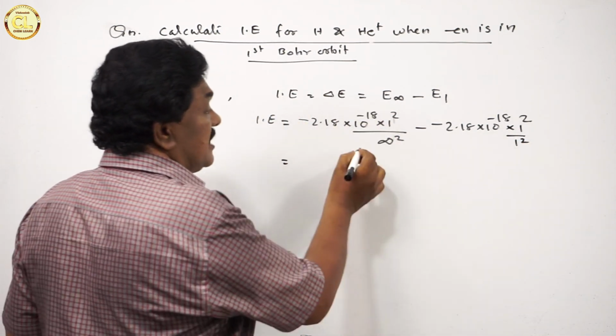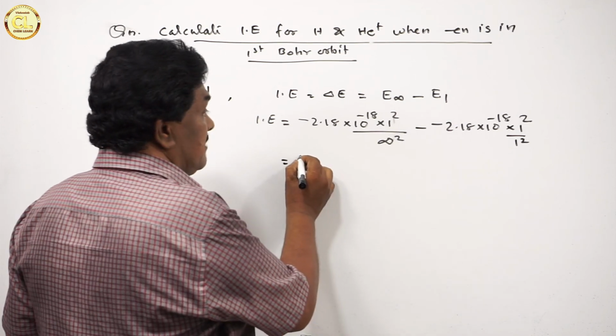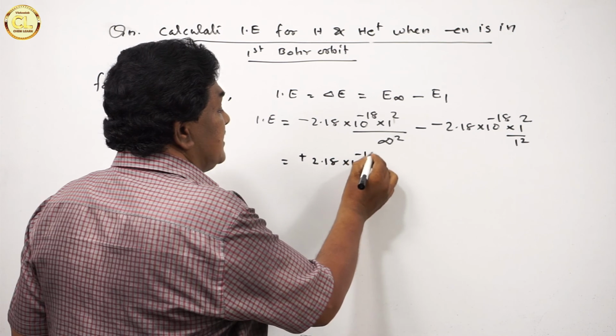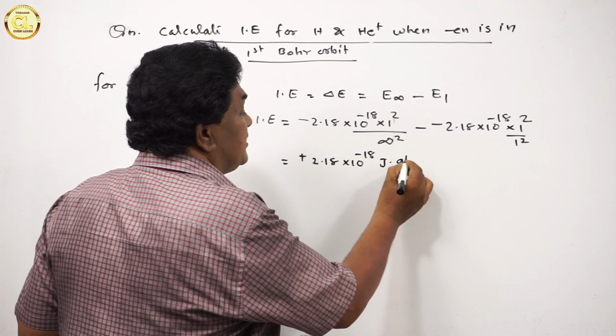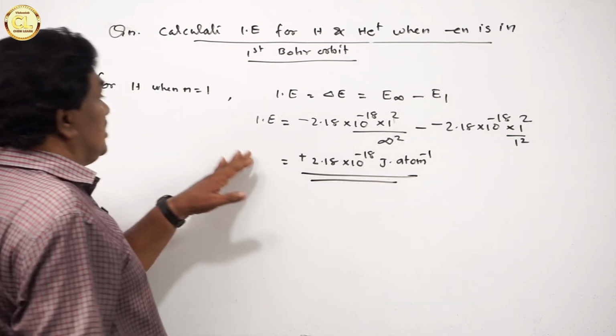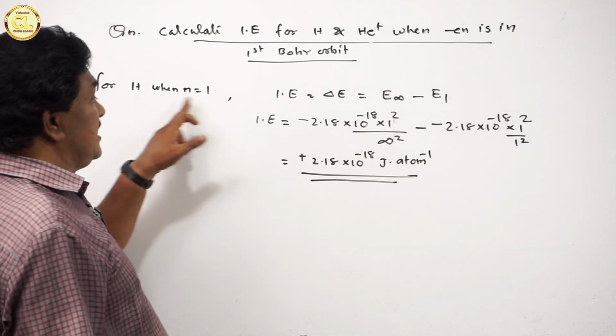This term becomes 0, minus of minus becomes plus. So, plus 2.18 into 10 raised to minus 18 joule per atom. This will be the ionization energy for hydrogen when n is equal to 1.